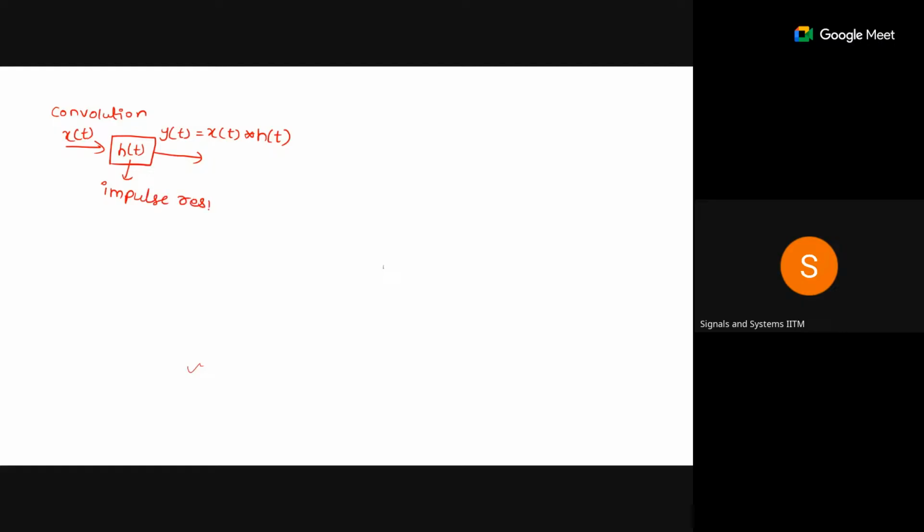What is meant by impulse response? When we provide the input to the system, which is an impulse, the response we get is h of t. This is the impulse response. From the properties of convolution, when delta of t is convolved with h of t, we get the same signal, that is h of t. Is this clear?